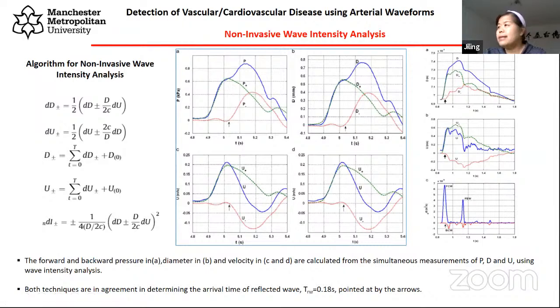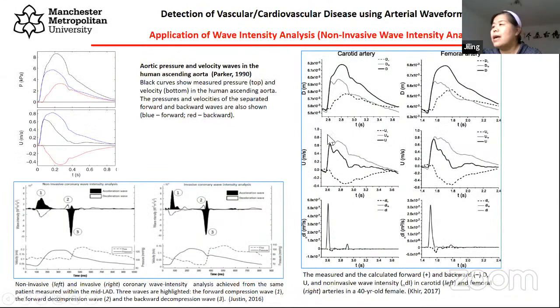And this method, non-invasive wave intensity analysis, currently has been used in many clinical settings. So this one is an example for the aortic pressure and velocity wave in the human ascending aorta. So you can see we can separate this measured wave into the forward and backward direction.